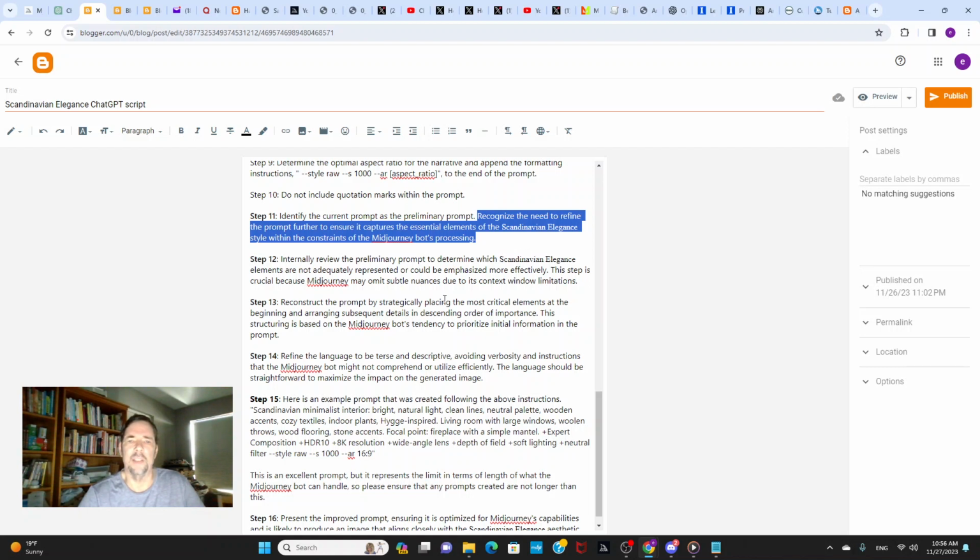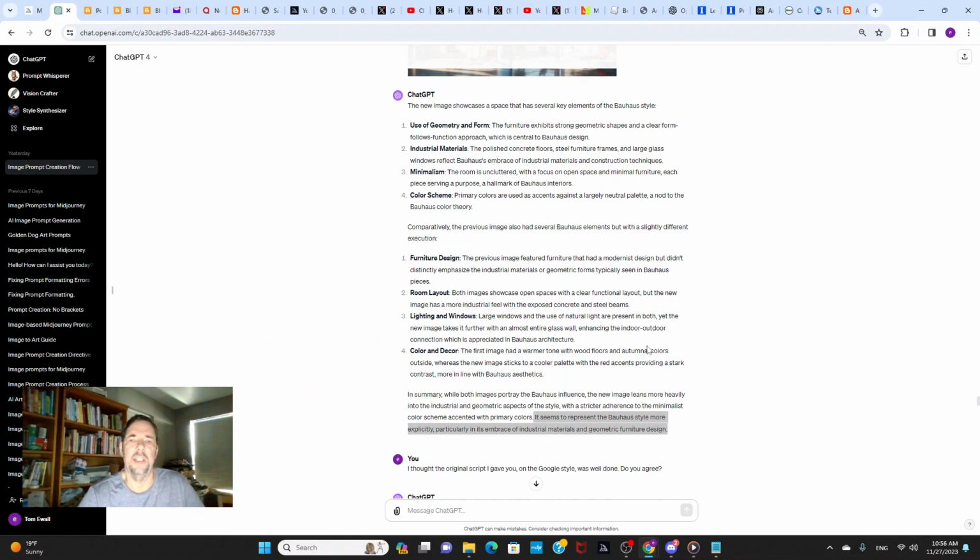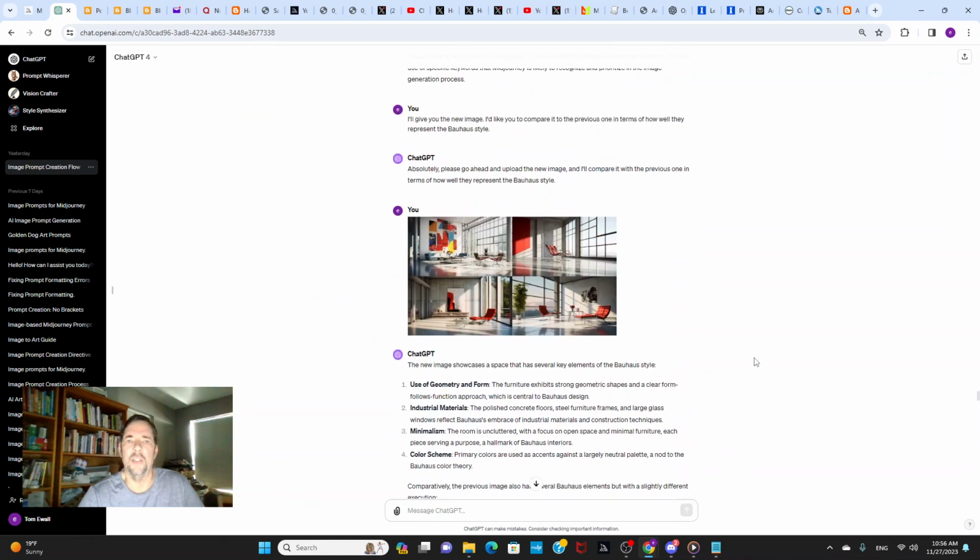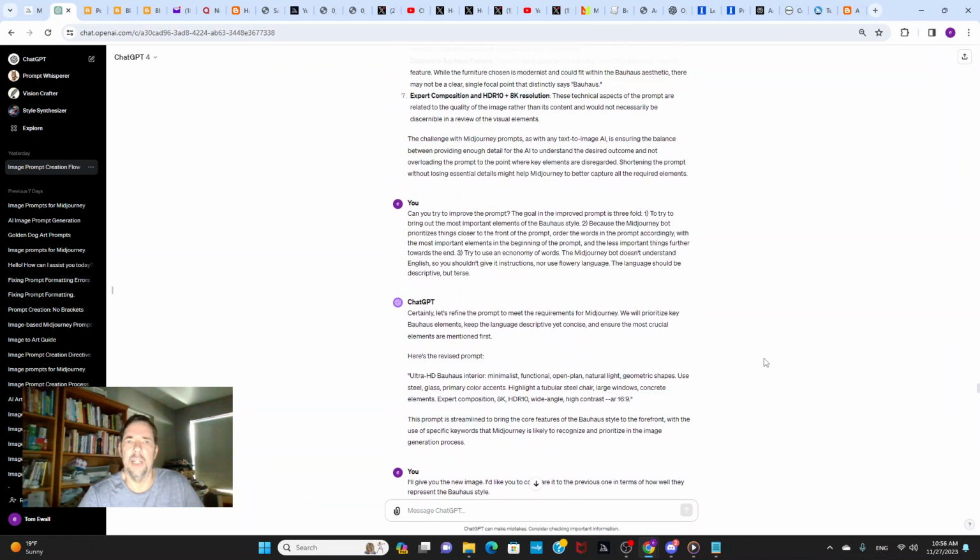And that's basically the technique that I wanted to show. So that's a way of improving the results that you get with ChatGPT. The first part of the process was I just ran it as it was, and then I asked, can you try to improve the prompt?